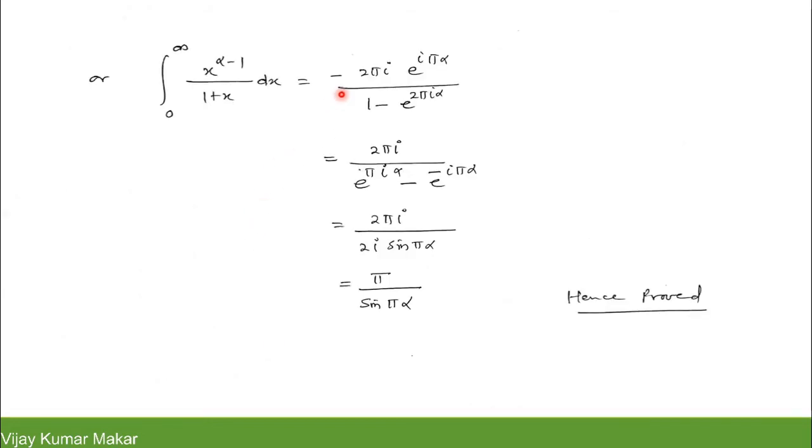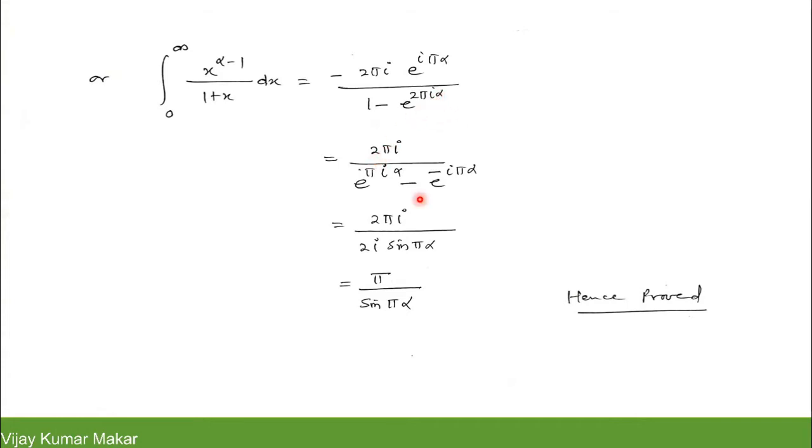Finally, we get the integration from 0 to infinity of x raised to power alpha minus 1 upon 1 plus x dx equal to minus 2 pi iota e raised to power iota pi alpha divided by 1 minus e raised to power 2 pi iota alpha.